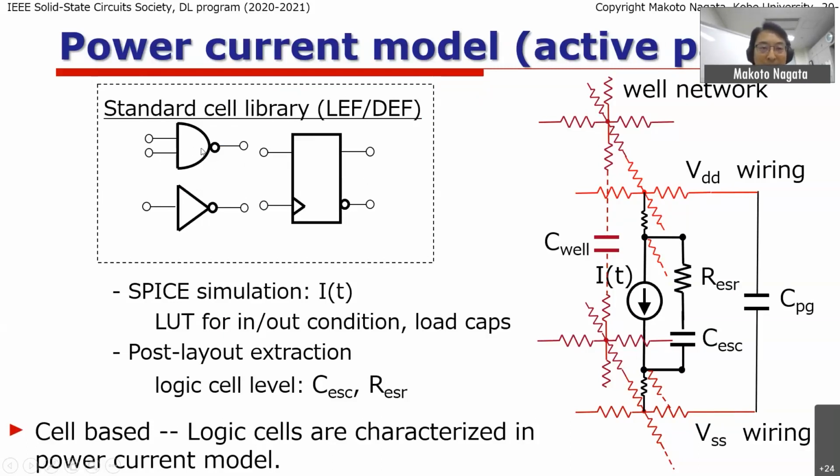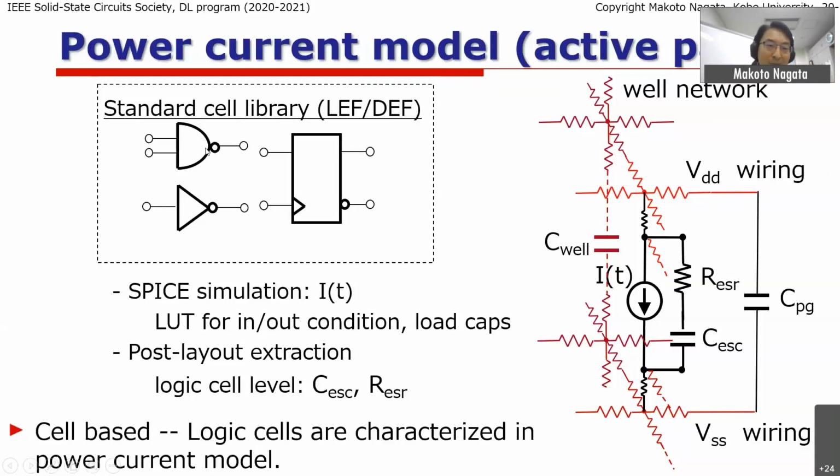But from the power current model perspective, we need to record the power current wave shapes for every combination of the input to the output. In addition, sometimes those current waveforms are created for different sets of load capacitance. Load capacitance means the wiring capacitance seen from the output of the gate, and so forth.